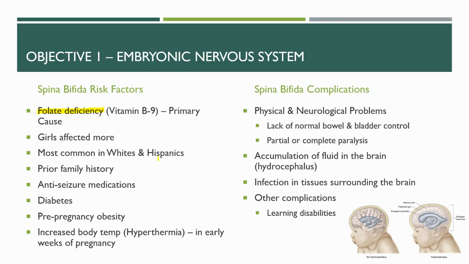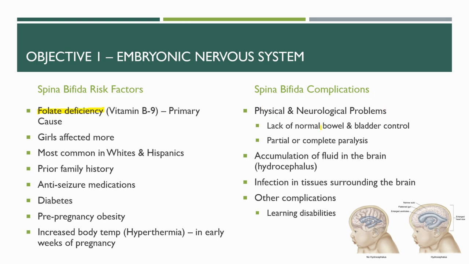Typically girls and certain ethnic groups are affected more. There are medications or other diseases that could possibly increase your risk of spina bifida. Increased body temperature is another. This is why, if you're pregnant, you're not supposed to get in hot tubs or places where it can be extreme heat, because that rise in body temperature could possibly affect fetal development or embryonic development.